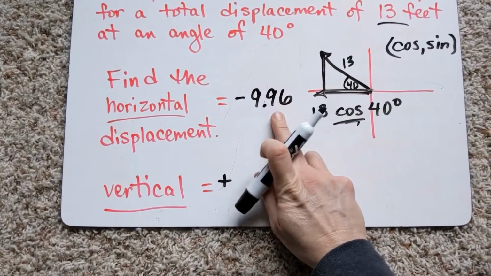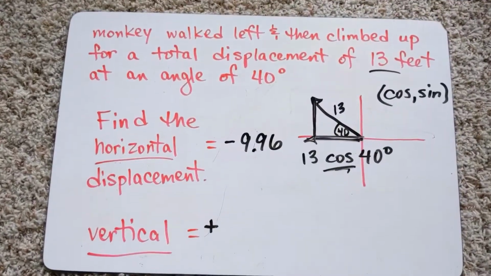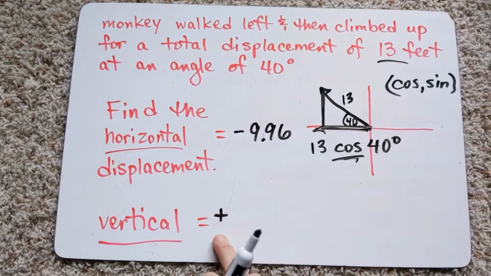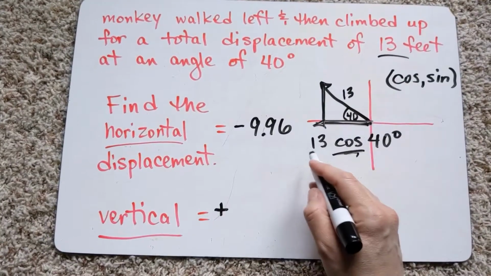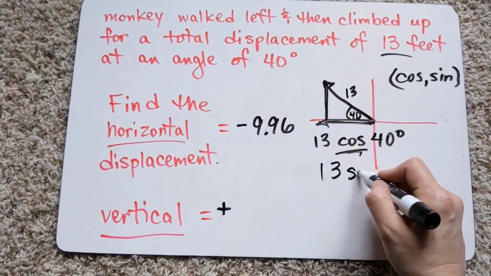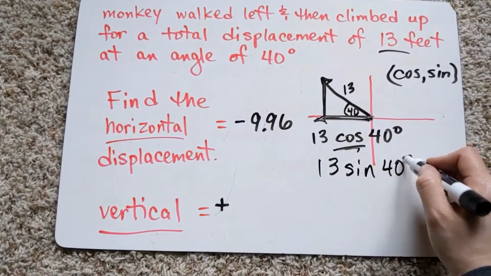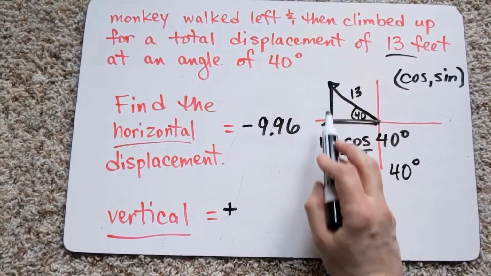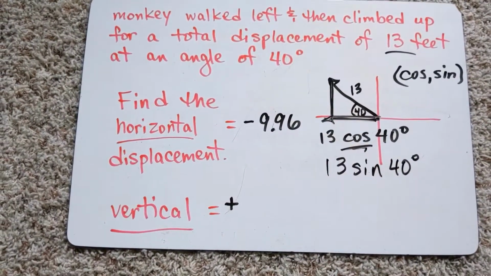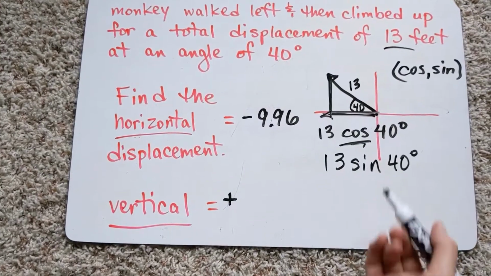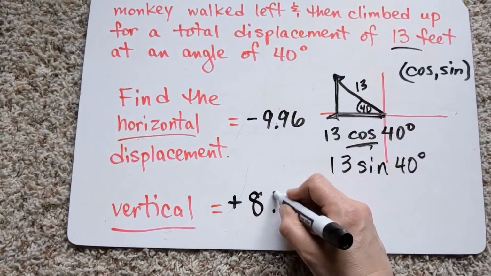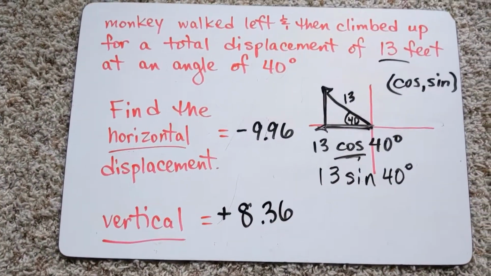They're usually going to ask for it to be rounded to 2 decimal places. If they had instead asked for the vertical, I would have done the same math, but I would have done this sine of 40 degrees because I want the up and down value of this. And that is a positive because I went up, and it'd be 8.36 once I rounded it.